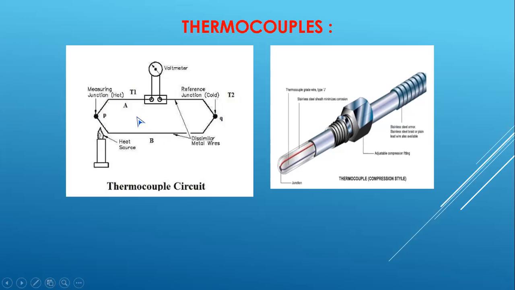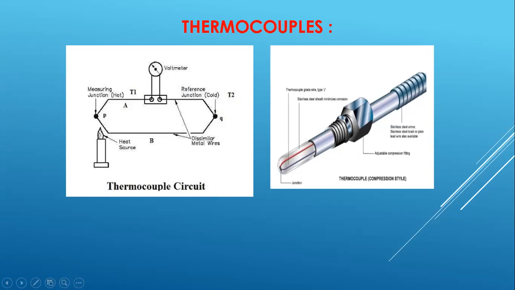Due to the difference in temperatures of the junctions and due to the difference in the metals, an EMF is generated in the circuit. That EMF can be measured using an ordinary galvanometer or millivoltmeter. That is the definition of the thermocouple.